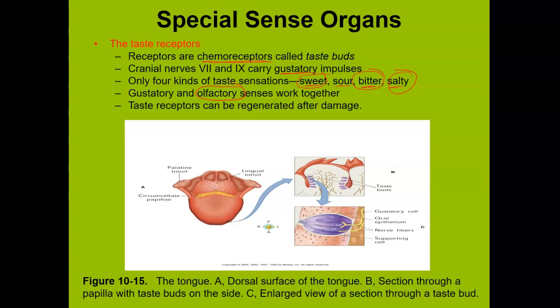So taste receptors themselves occur on our tongue, okay? Here are the tonsils back here. We have the circumvallate papillae, and then in regions adjacent to the edge of the tongue, you'll find taste buds. Taste buds are basically these little gustatory cells inside of a little pore with little hairs.